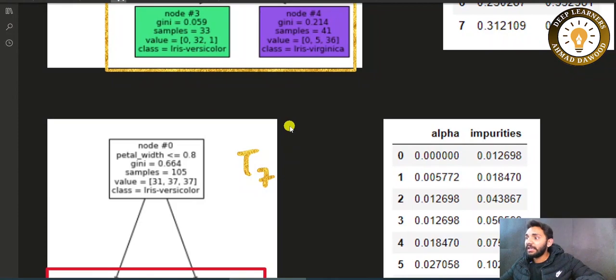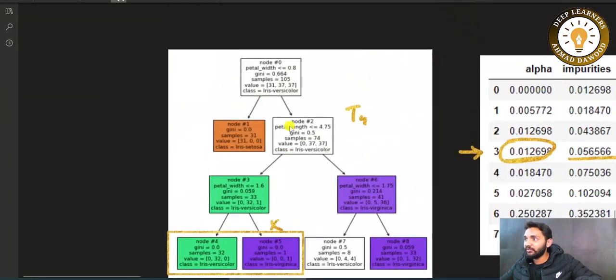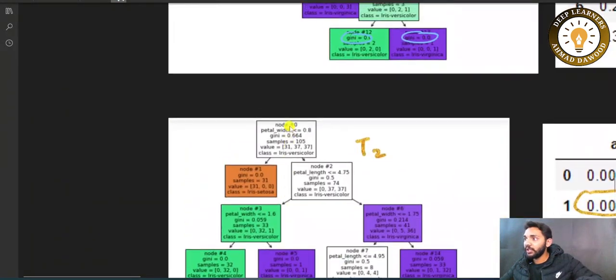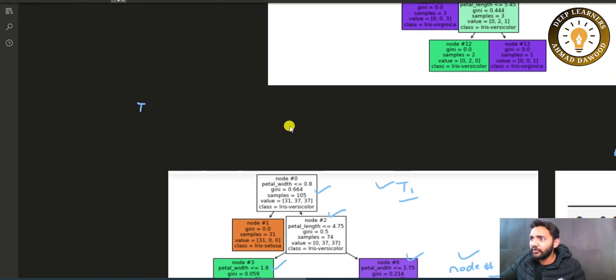We have here 7 trees: T7, T6, T5, T4, T3, T2, T1, that have some order. Okay, we can say here we have tree T1, T2, T3, T4, T5, T6, and T7, and T8 we can ignore because it is just the root node.